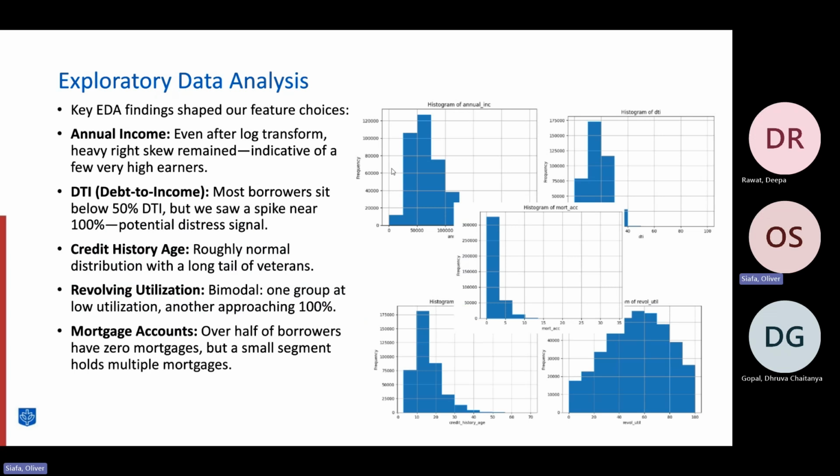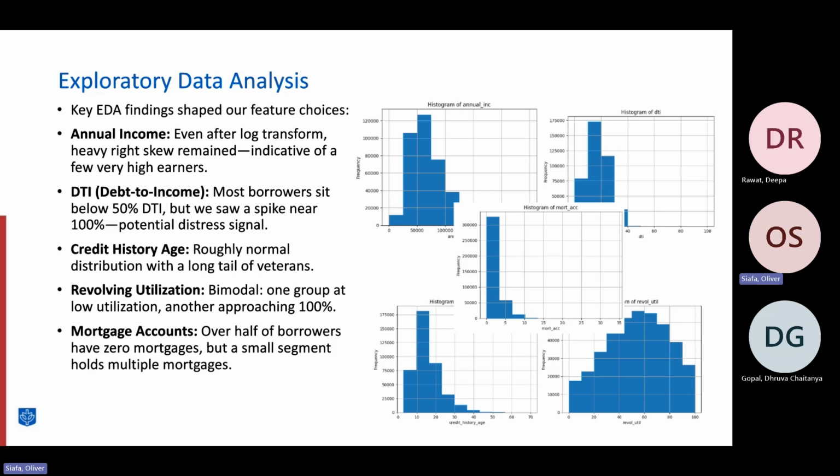For EDA, our exploratory data analysis gave us some really insightful findings that guided our feature selection. With annual income, even after log transformation, as we can see here, we saw a persistent right skew. This tells us that there are few high earners in our dataset. For debt to income, most of the borrowers were below 50%, which is good.